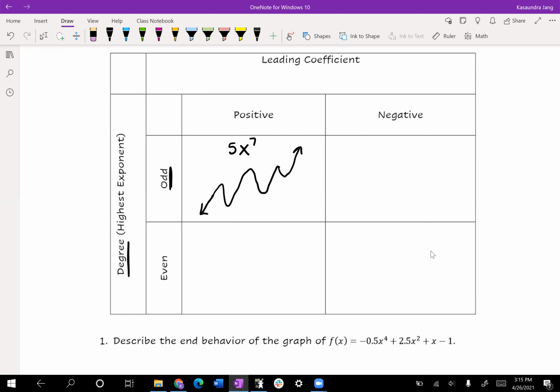And the end behavior for this, I wanted some space to write this. Let's see, I'll put this over here. So what if it goes like this? Okay, here's how I'm going to write it.